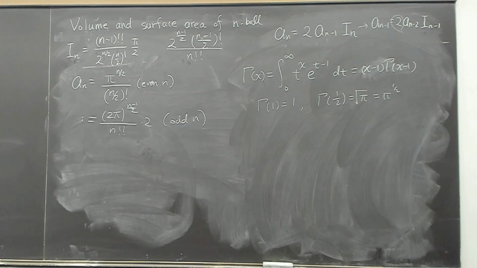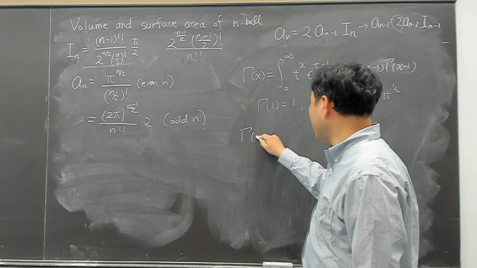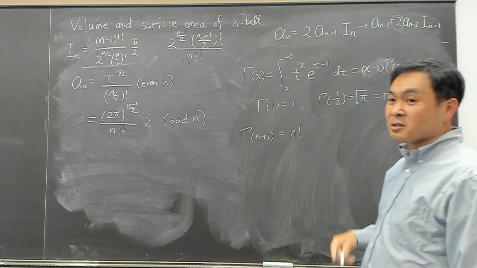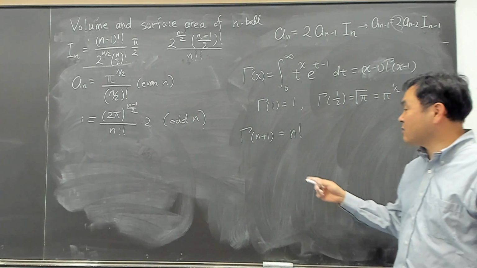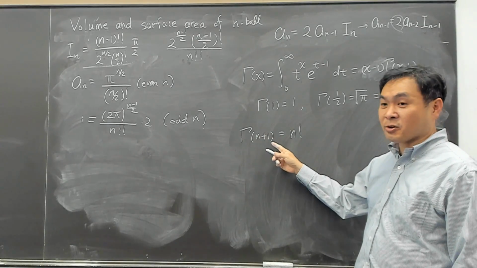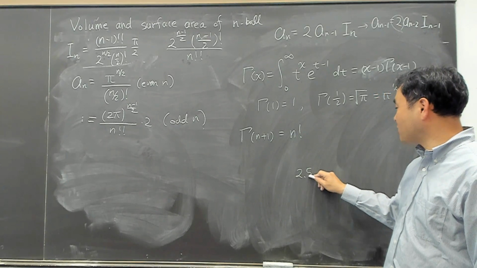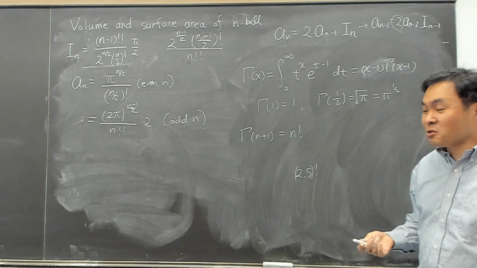Okay, so these two properties can be used to prove the following, that if you have gamma of n plus 1, that gives you n factorial. So in other words, the gamma function allows you to rewrite the factorial as a continuous function. If somebody asks what is 2.5 factorial, you wouldn't know what to say.